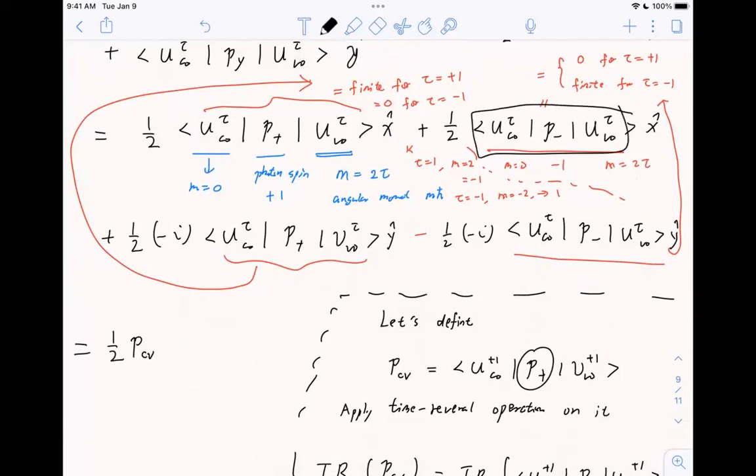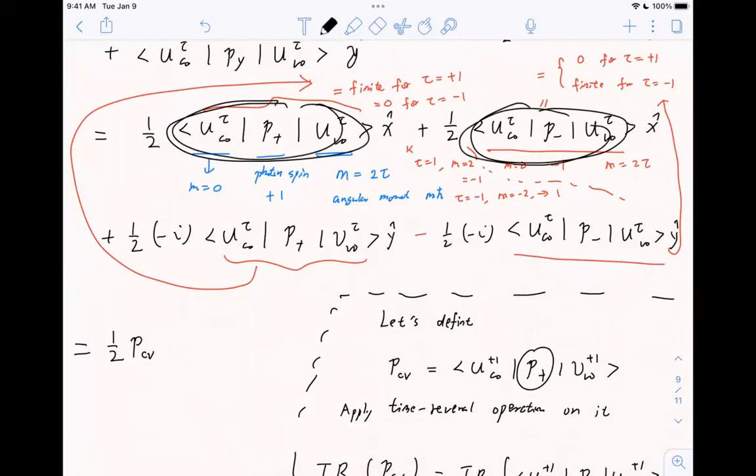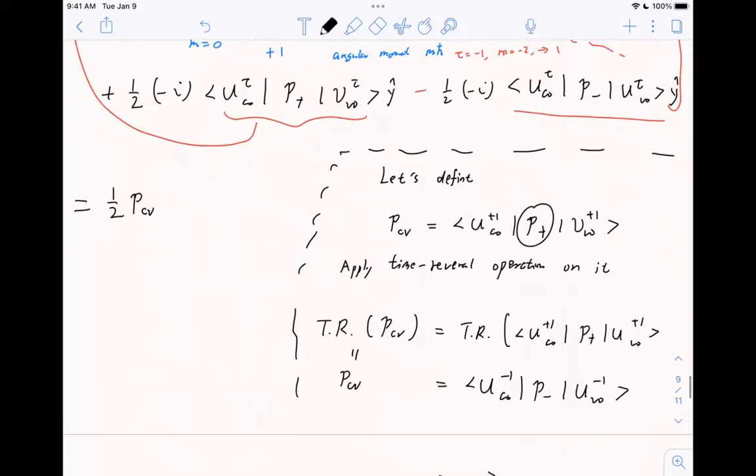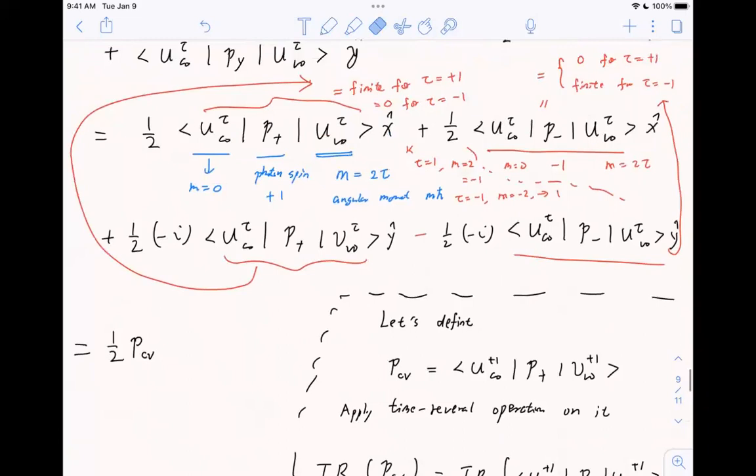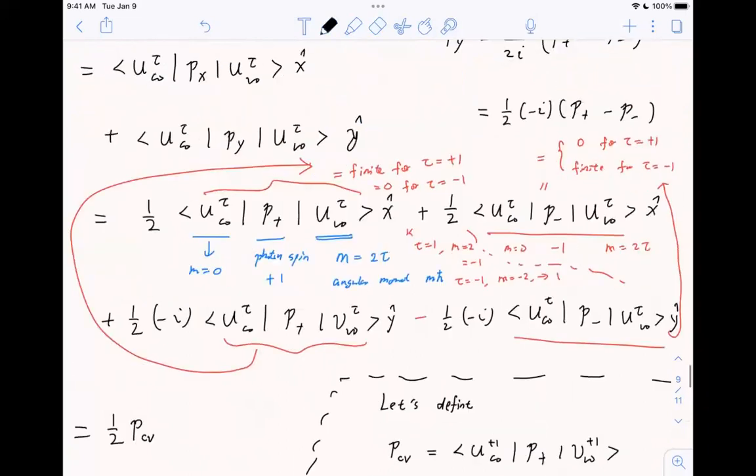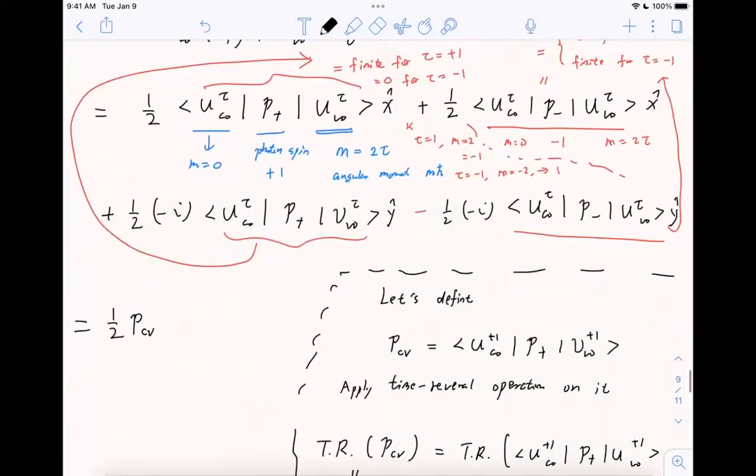It's still the same thing. For the X component, no matter which value you get, either this term or this term, these two things are the same when they are finite. We already proved that this and this are the same value. And here, no matter which value you are in, if you get plus 1 value, you get this, and if you get minus 1 value, you get this. You get the same thing. So it will be just X.